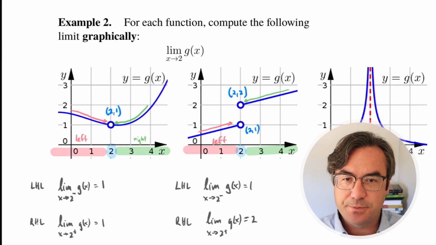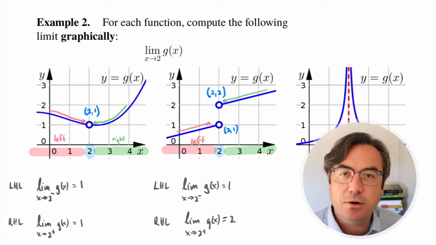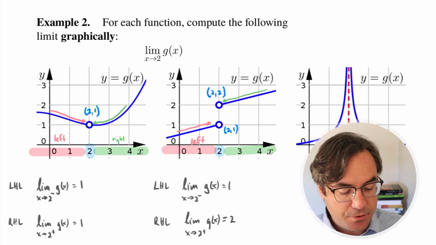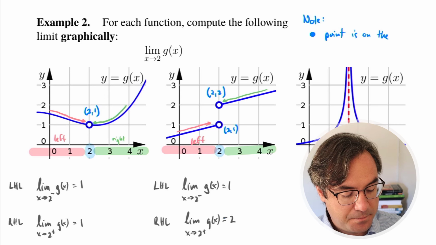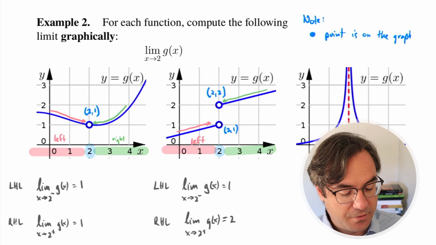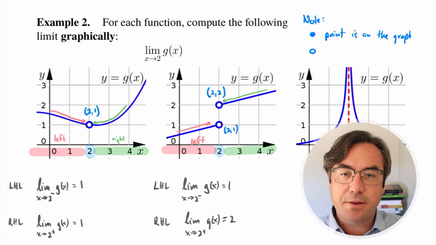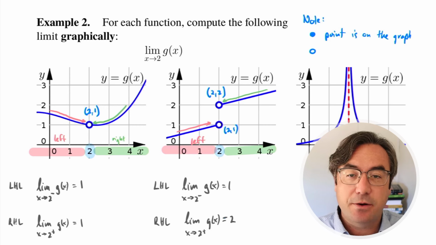This will be something that, as we see more graph examples, it's worth noting. If we have a filled in point, that point is on the graph of our function. And if we have an open point like this, it's not included. It's not part of the graph.